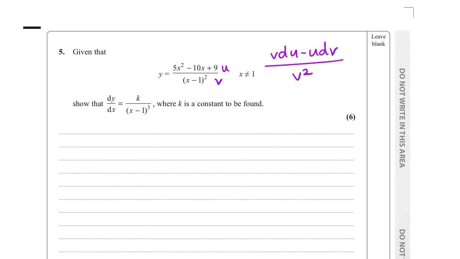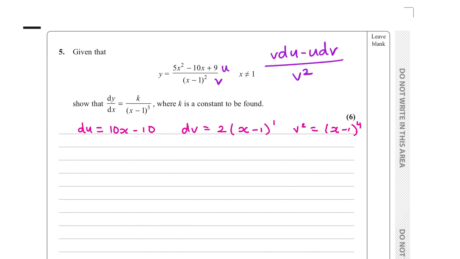If we differentiate U, we're going to get 10x minus 10. If we differentiate V, we're going to get 2 lots of x minus 1 to the power of 1 multiplied by the differential of the bracket, which is just 1. So we'll just leave it like that. And then V squared is x minus 1 squared, which is to the power of 4.